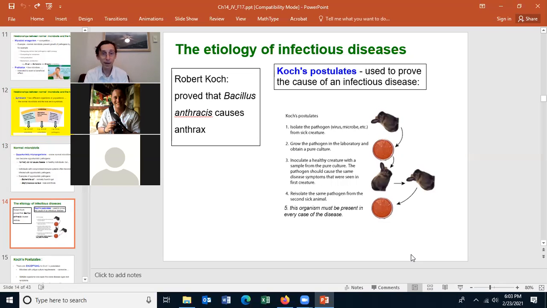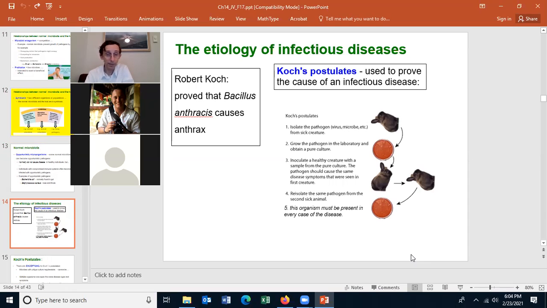Robert Koch, you might remember, he's the one who showed that Bacillus anthracis causes the disease anthrax, and he was the first person to show that any organism caused a given disease. And with that, he literally proved the germ theory of disease, that microorganisms can cause disease.